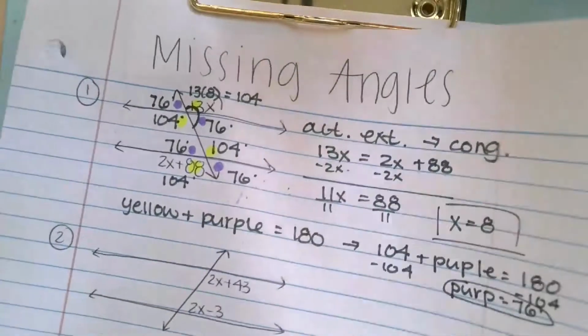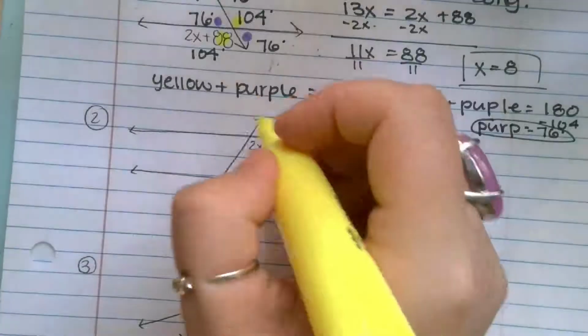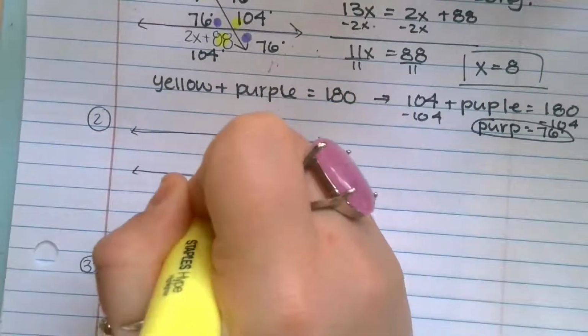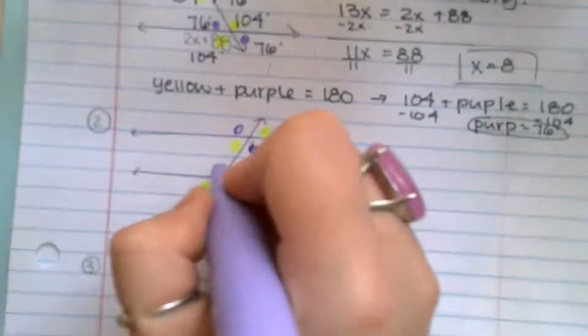The next one, I'm going to go do our color coding. I'll keep the color coding consistent through all these examples. We have our yellow, we have our purple.